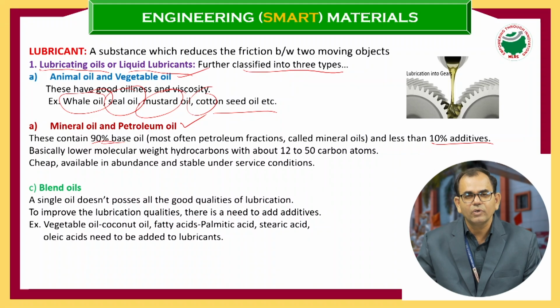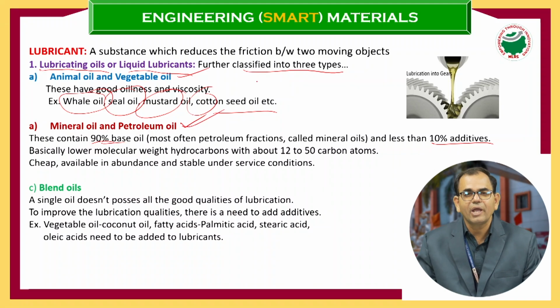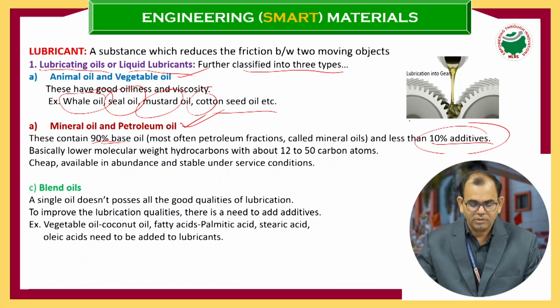If you add at least 10 ml or 5 ml of some other oil to the coconut oil, you can avoid the freezing or solidification of that oil. Here it is the same with mineral oil. If you add 10% other additives, then we can avoid the freezing or solidification of the oil.